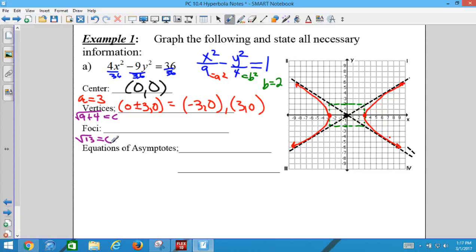We're going to affect the x. So I'm going to have negative square root of 13, comma 0 and square root of 13, comma 0. But to graph that, I need to know what square root of 13 is. We'll just type that in the calculator, approximate it. 3.6. You remember that starts at the center and goes out 3.6. Center, out 3.6.